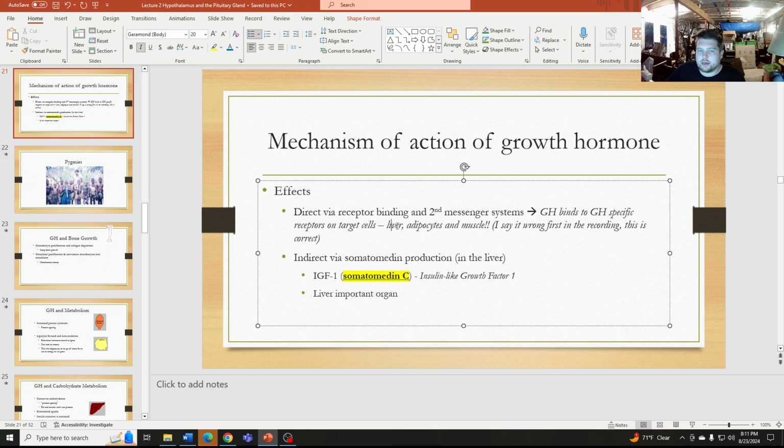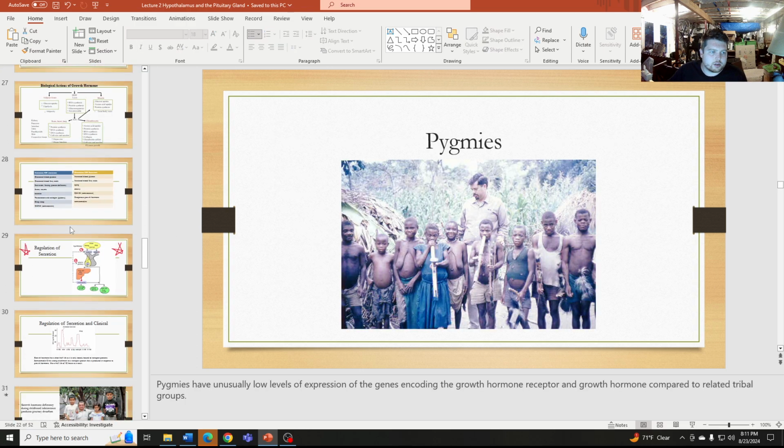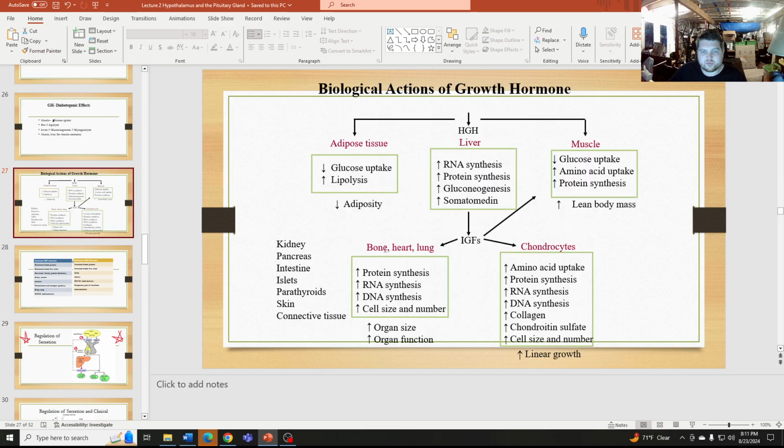Okay, so directly it binds to the liver, adipocytes, and the muscle. Indirectly, it goes to a bunch of the other structures, like the bone, heart, lungs, and the chondrocytes. And you can see all of the stuff that it does.